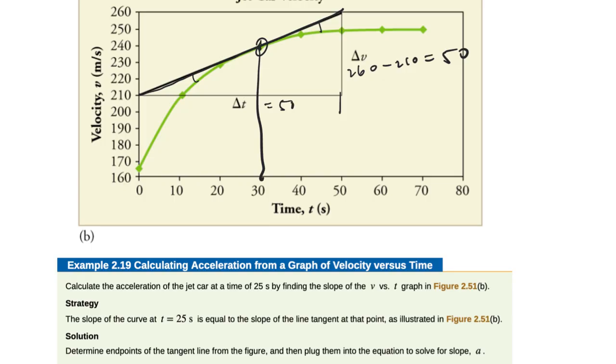Okay, we're not going to really have curvy lines on a V versus T graph because finding the slope isn't that easy. Now, if you had calculus, that's integrating.